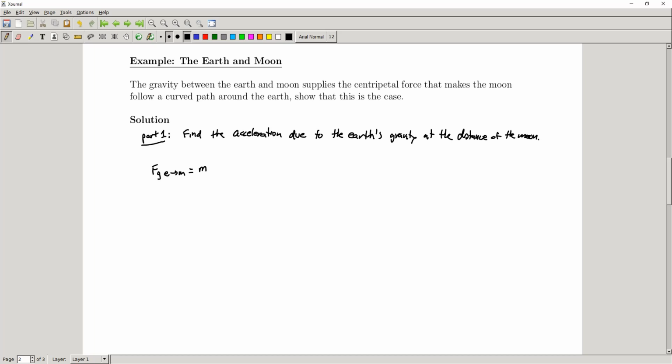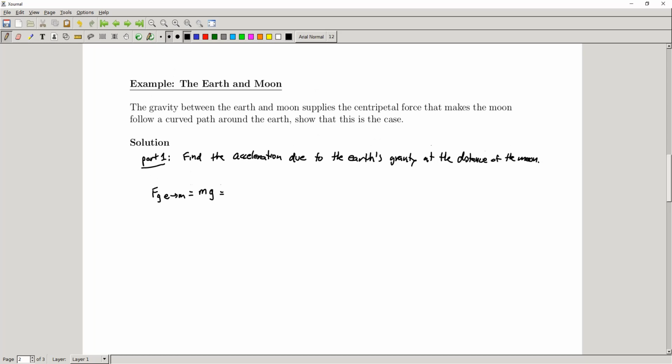and our acceleration here is going to be g, right? Because that's the acceleration that the Earth is going to be causing on the moon here, and it's also equal to, well, we just talked about this equation up here.